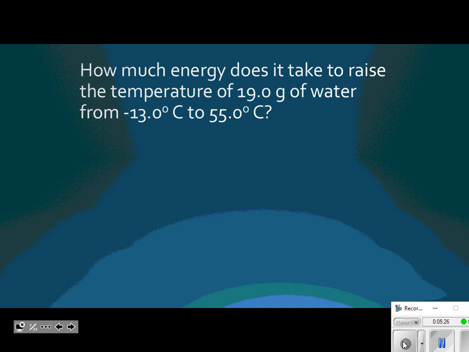The question states, how much energy does it take to raise the temperature of 19.0 grams of water from negative 13.0 degrees Celsius to 55.0 degrees Celsius? So this is the question that we are going to answer.